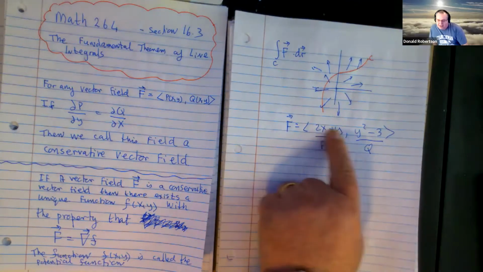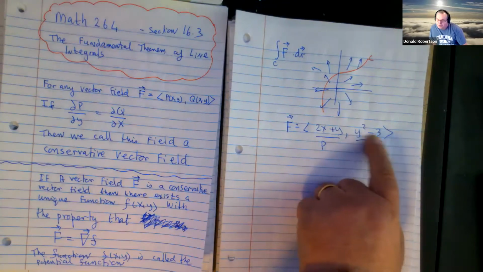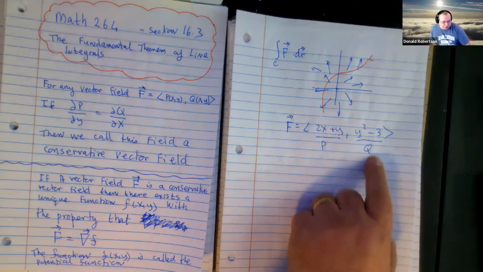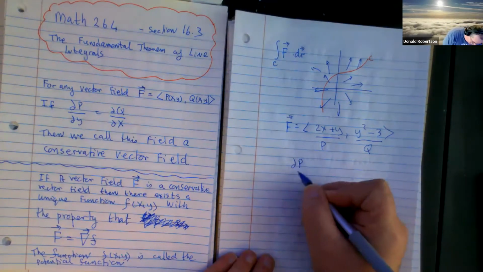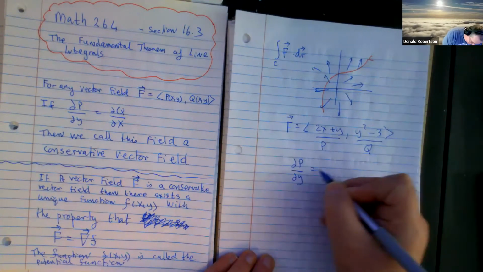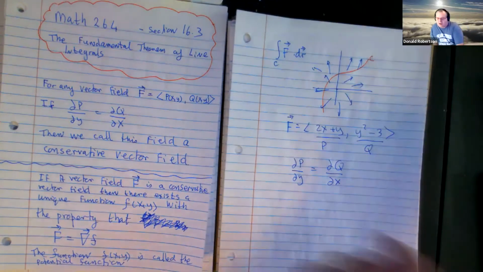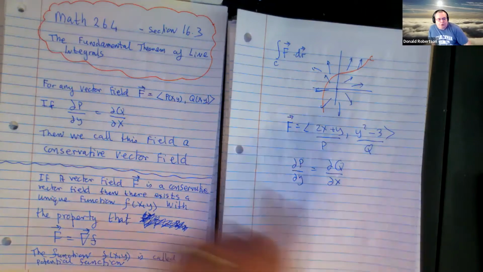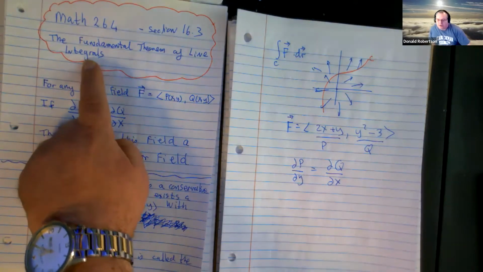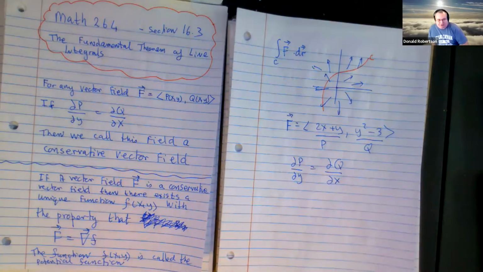So whatever the x component of your vector field is going to be called P. Whatever the y component of your vector field is, we're going to call that Q. And if the partial derivative of P with respect to y is the same as the partial derivative of Q with respect to x, you have a conservative field. And you can only do the fundamental theorem of line integrals when it's a conservative field. So kind of your first step is, can I actually use this trick that you don't know what it is yet, but can I use it?